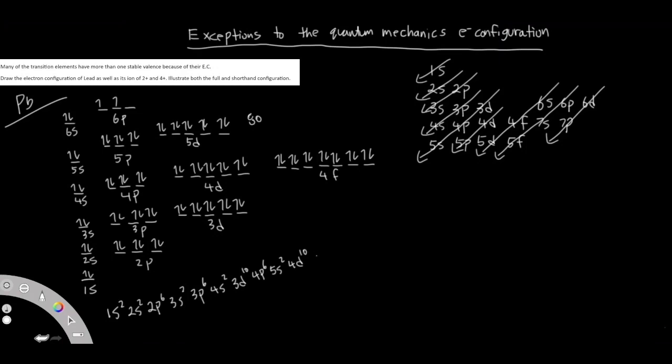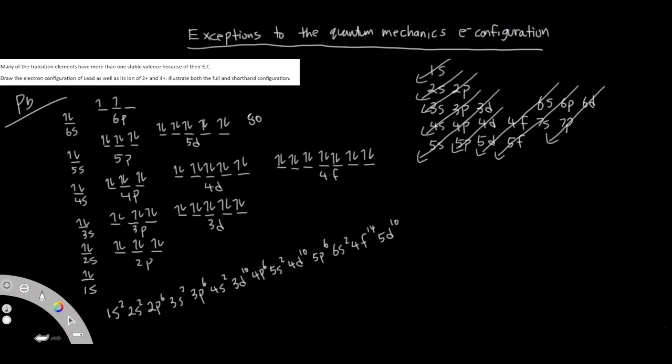So that's a 5p6. After the 5p6, we got a 6s2. After the 6s2, we got a 4f. That would be a 4f14. And after the 4f14, we got a 5d, so that'll be a 5d10.